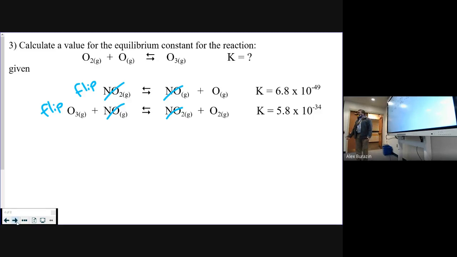Right? Now, with K values, we multiply them together. If I hadn't done anything down here and it was just this one and this one, normal, no flipping, no doubling, it would be that times this. But when you flip a reversible reaction, we take the reciprocal of the K value.